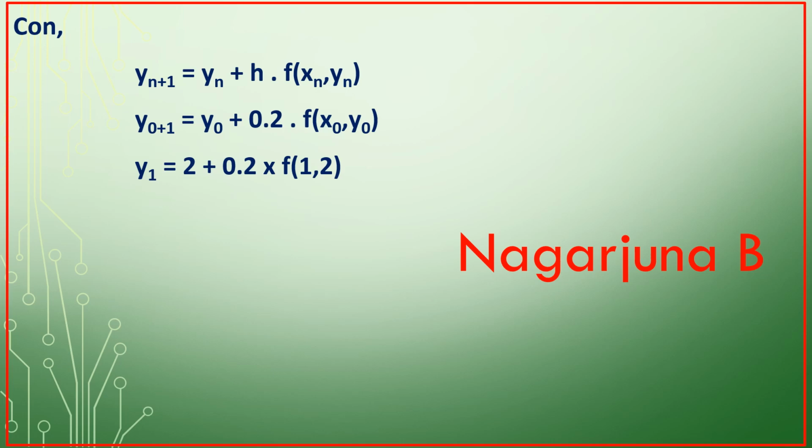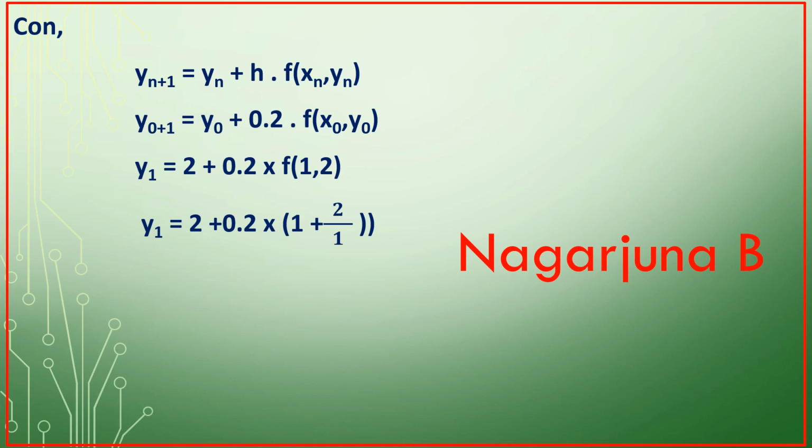The next we can write y1 equal to 2 plus 0.2 into 1 plus 2 by 1 within the bracket, and then we need to simplify this, because f of 1 comma 2 is 1 plus 2 by 1, because f of x comma y is 1 plus y by x.